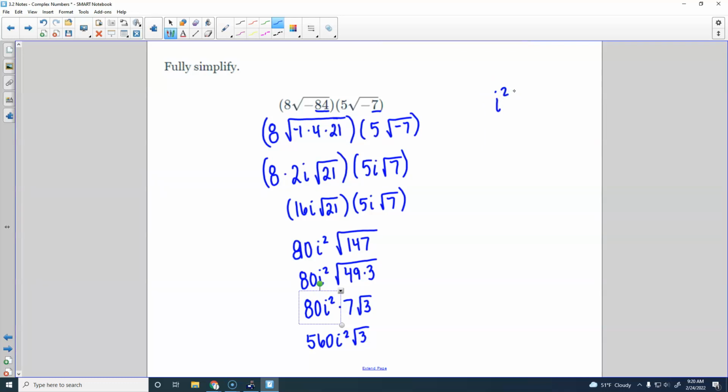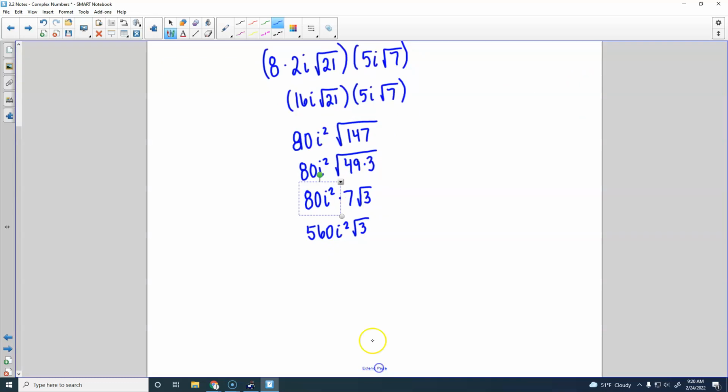Not quite. It's negative 1. Because i equals the square root of negative 1. And if we square that, the square root and the square would cancel, and it would equal negative 1. So we can replace that i squared with a negative 1, which is going to give me negative 560 square root of 3.